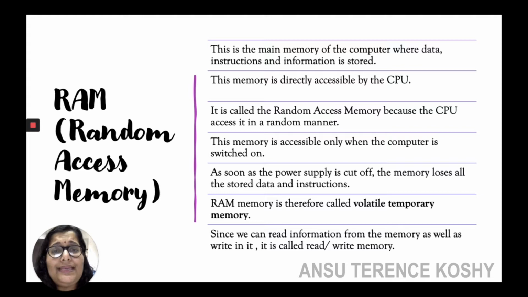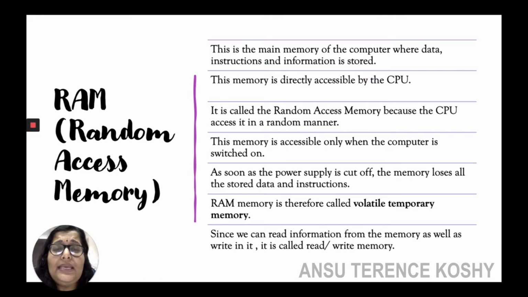This memory is directly accessible by the CPU or central processing unit. It is called random access memory because the CPU accesses it in a random manner. There is no particular way in which it accesses data, so it is called random access memory.